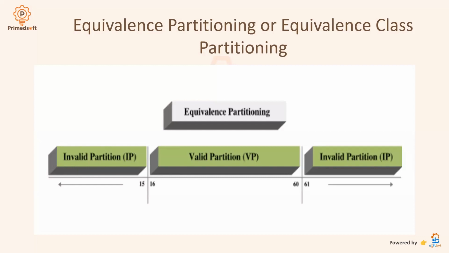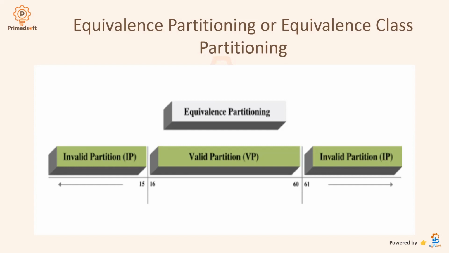So now, if we are to write test cases around this, we can only write 3 test cases. So we'll write our first test case, which is a negative test, using this 15 and below. Remember I said that any value around this partition behaves the same way.